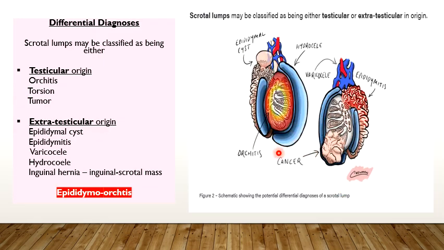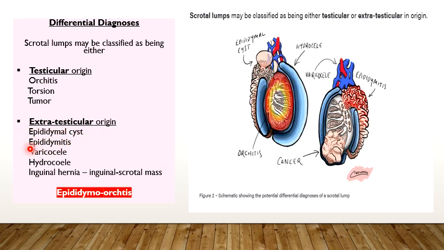Okay, now what are the differential diagnoses? What are the possible causes of these testicular lumps? Okay, scrotal lumps may be classified, as I told you, as testicular origins such as orchitis, torsion, and tumor, benign or malignant testicular tumors, or they can be of extra-testicular origin, that means outside the testes.